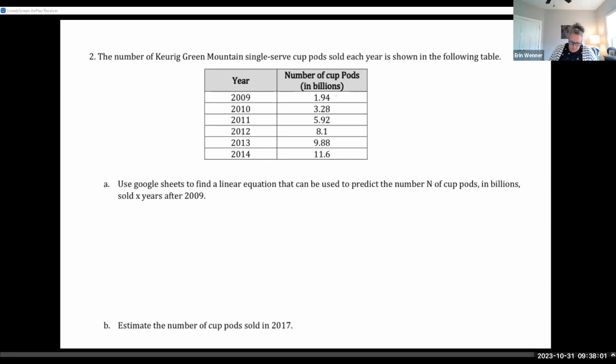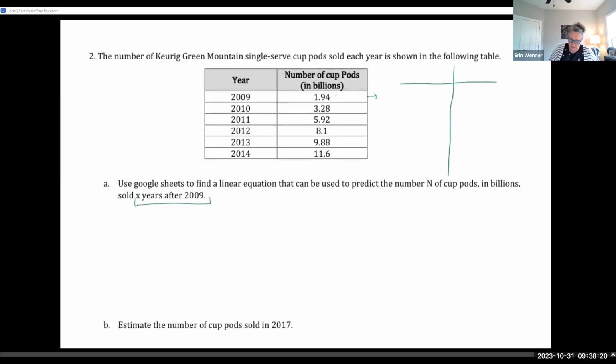So again, this piece is really important in terms of knowing what you need your x value to be. We're measuring it in years since 2009. So if we look at our table, we are going to think about creating a table in Google Sheets with column x and column n, where x is years since 2009.